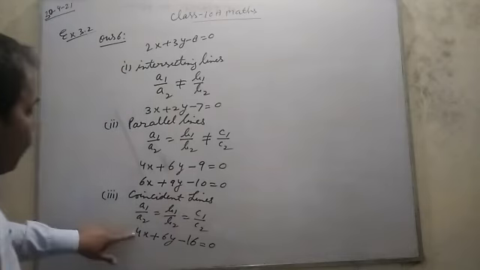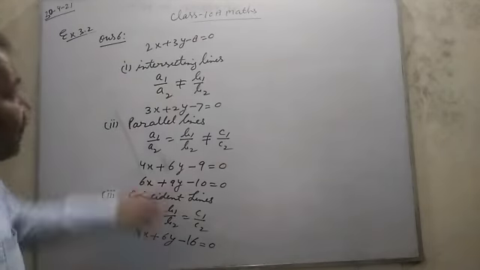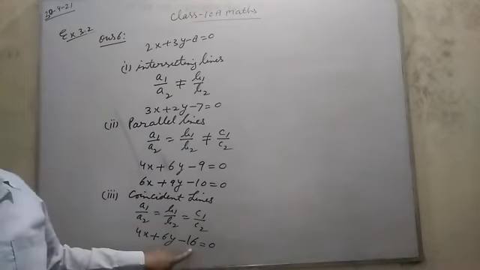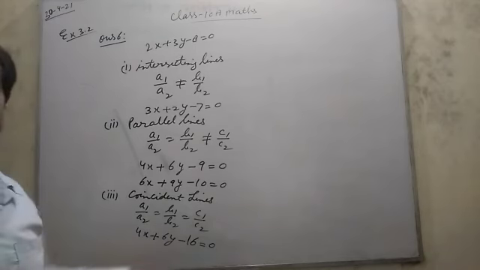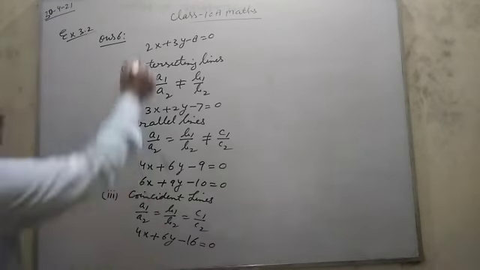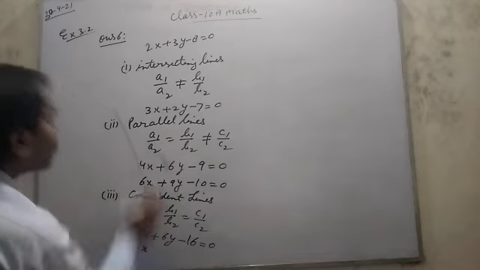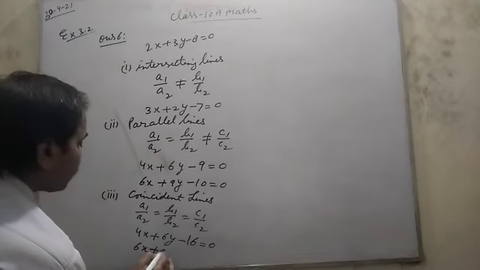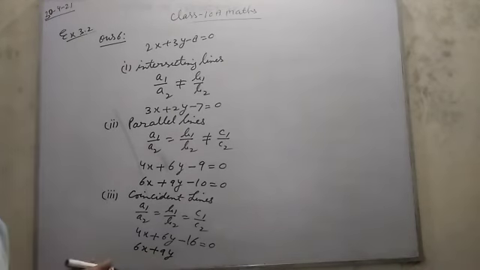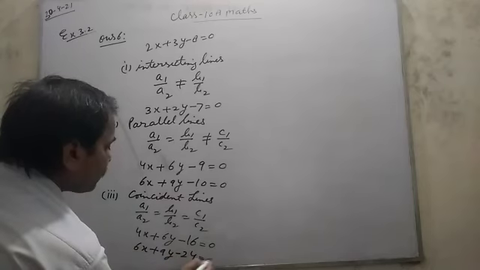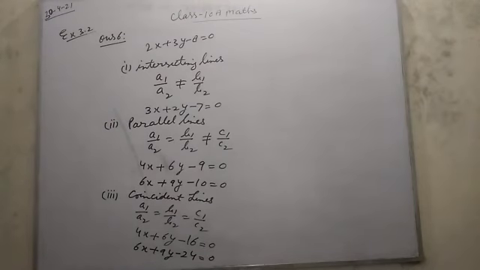So 2 by 4 is 1 by 2, 3 by 6 is 1 by 2, minus 8 upon minus 16 is 1 by 2. So it satisfies this condition. And like this, so many equations. 6x also: 2 by 6 is 1 by 3, so this 9y and this should be minus 12 is equal to 0. Clear?